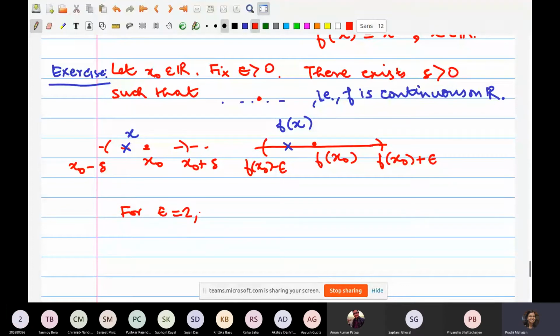If I take epsilon equal to 2 and take x naught as the point 1, what should be my choice for delta? What delta would work?